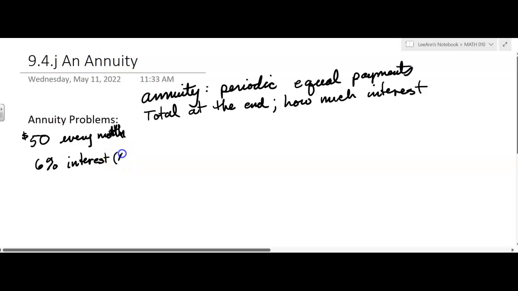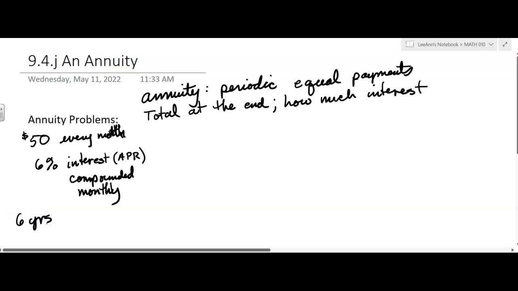That's APR, and it's compounded monthly. Okay, monthly. Anything else I need to tell you? Okay, and then how long are they going to do this? They're going to do it for 6 years.